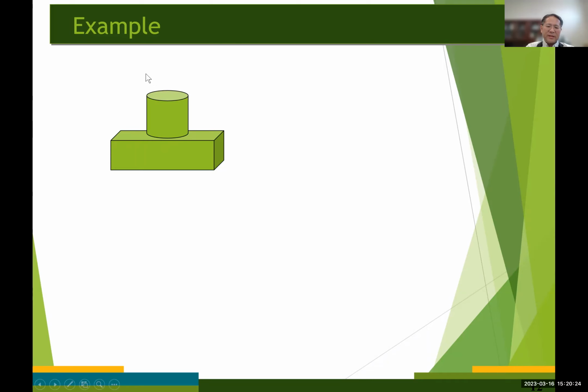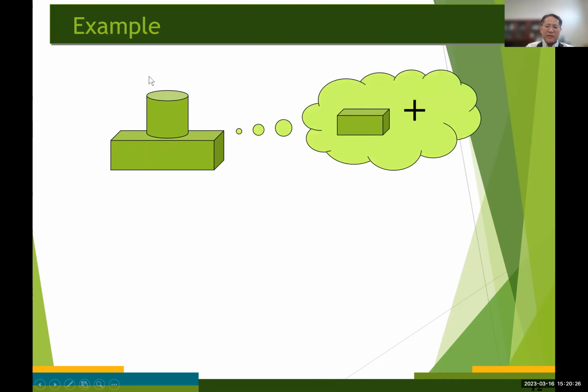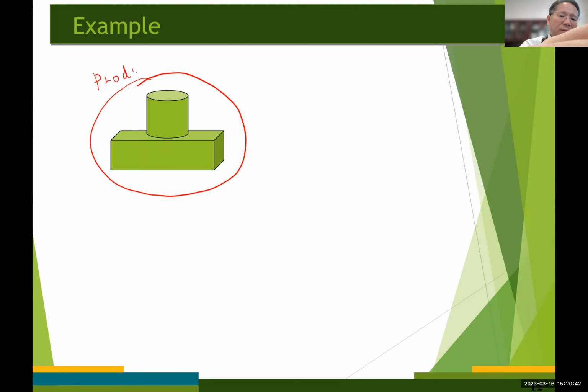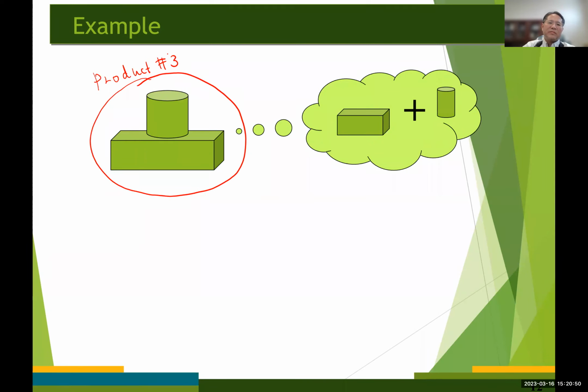We know that 1 unit of product number 3 is produced by assembling 1 unit of product number 1 and number 2.